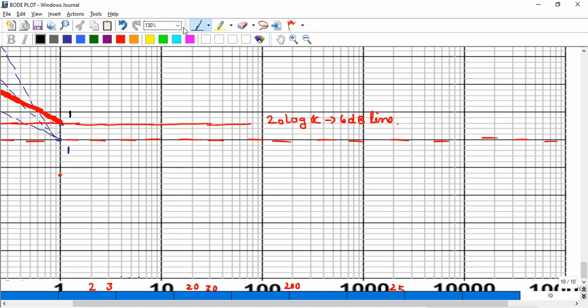So we need to draw that particular line. I will be drawing parallel to that. Let me extend this. That is 1, sorry, this is 2, 3, 4, 5.